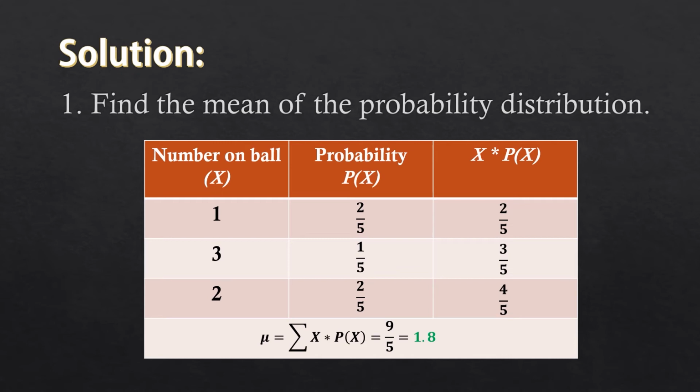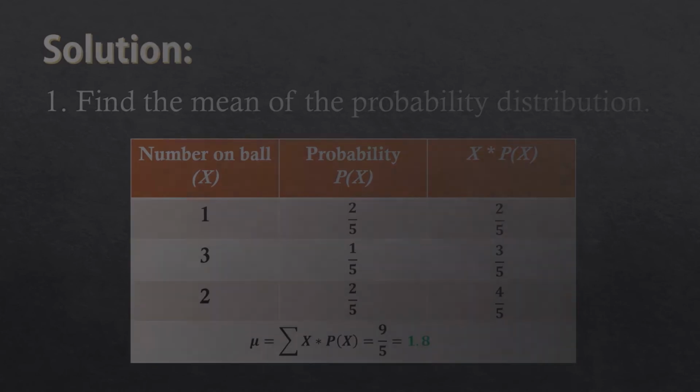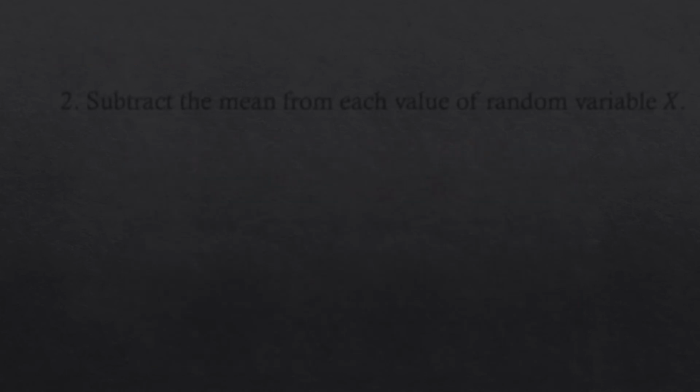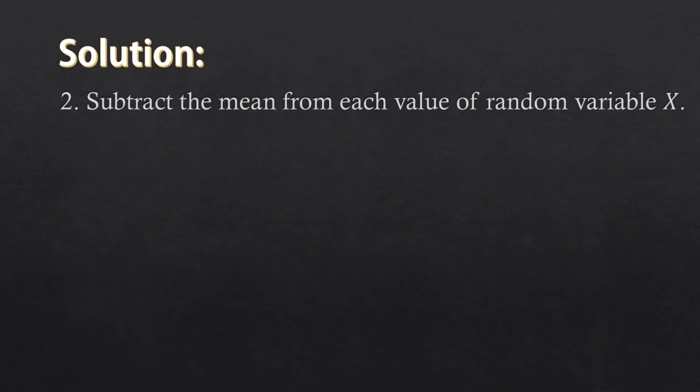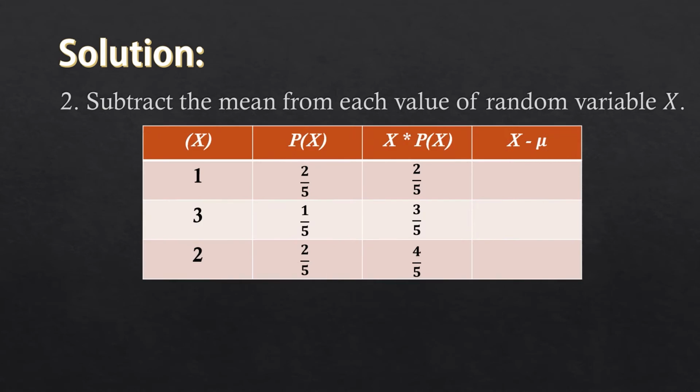Now let's move to step 2. For step 2, we need to subtract the mean from each value of the random variable. We have our probability distribution, and now we need to subtract the mean, which we already obtained in step 1, equal to 1.8.